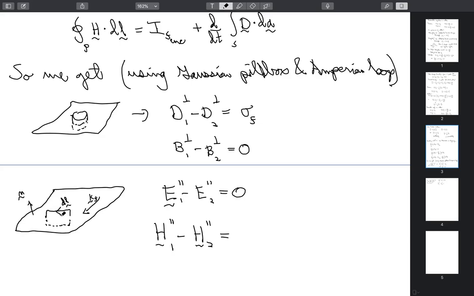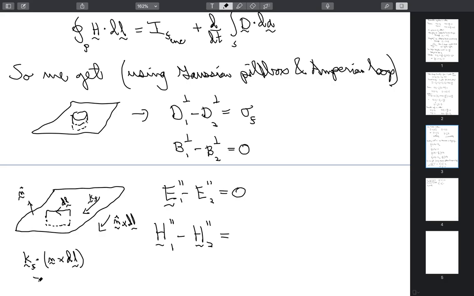you've got n dotted into dl, or I guess what I want to do is just n cross dl, which is a vector going this way. So this would be n hat crossed into dl, and this is parallel to Kf. So essentially I want the component of Kf along n cross dl, so I need to take Kf dotted into n cross dl.